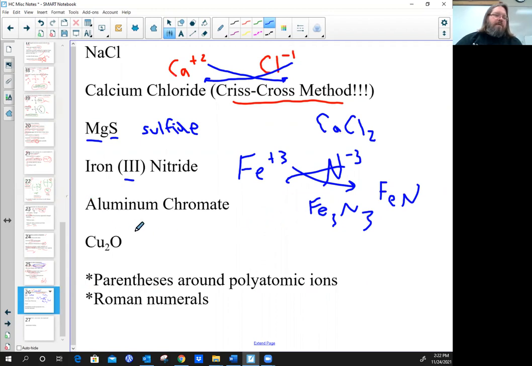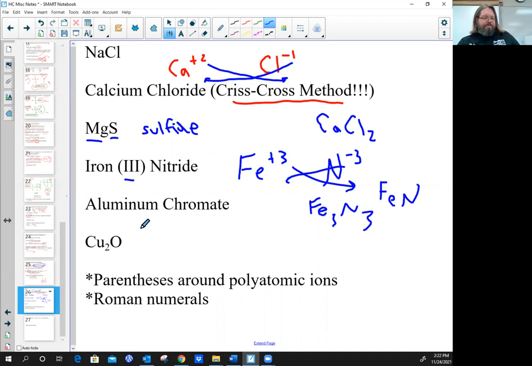Aluminum chromate. Gosh, sorry, I forgot my common ion sheet. I'll be right back. Can't remember what the charge and formula for chromate is, so I got to get my common ion sheet to do this, right?